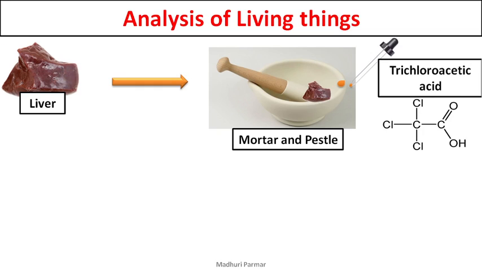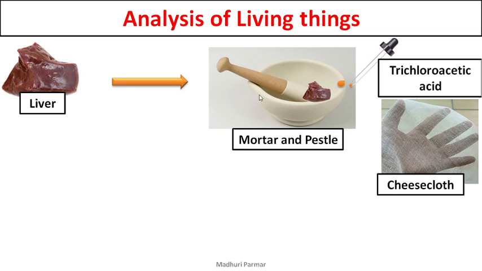Now here, this trichloro means that the hydrogens have been replaced with chlorine. So you have 1, 2, 3, three chlorines, trichloro, acetic, and this COOH acid. Clear? So using this trichloroacetic acid, you have made a nice paste of the liver tissue.